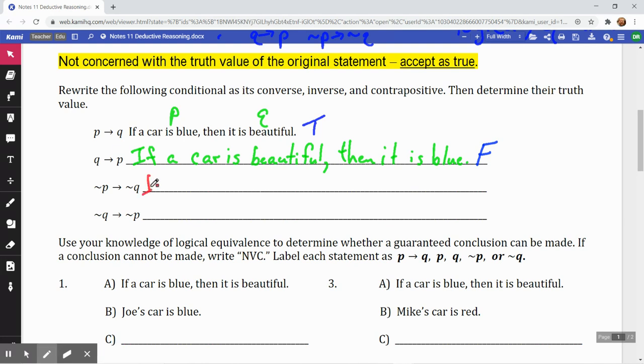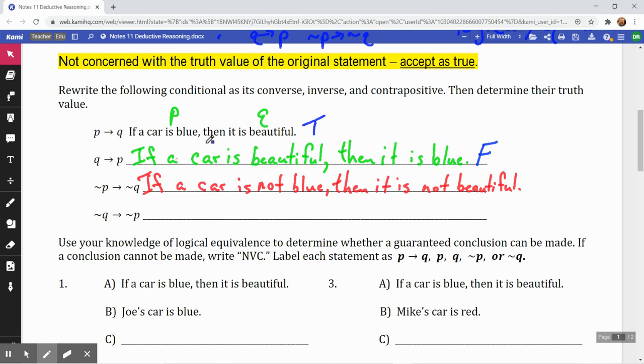So we have, if a car is not blue, again keeping the subject in the first half of the sentence, then, let's see, now we need the opposite of Q. Q said it is beautiful. The opposite would be it is not beautiful.